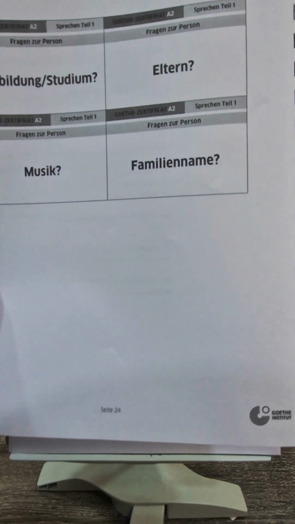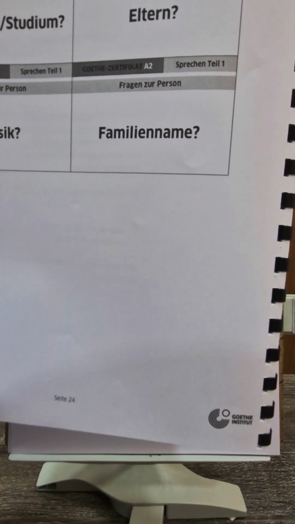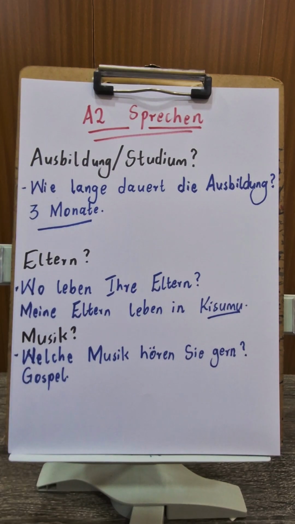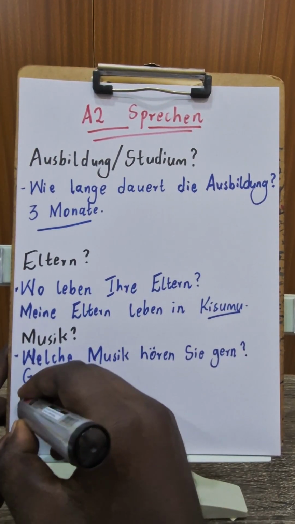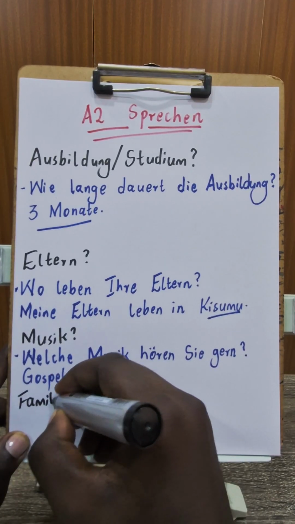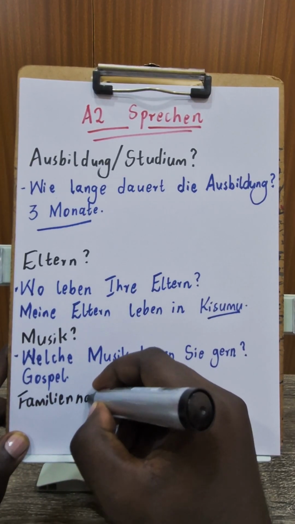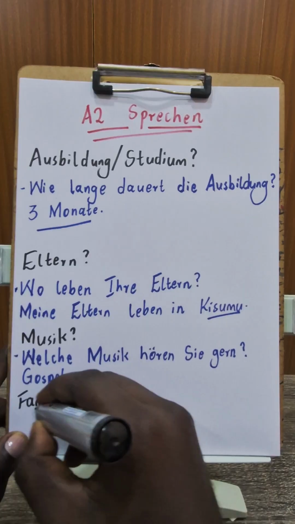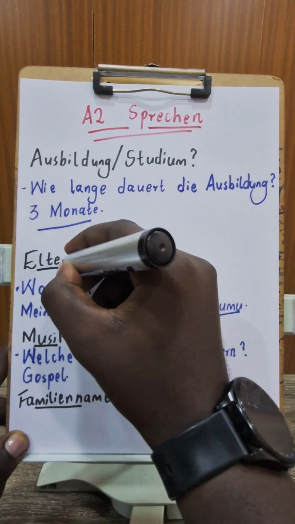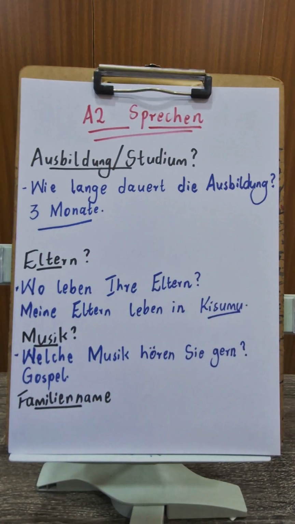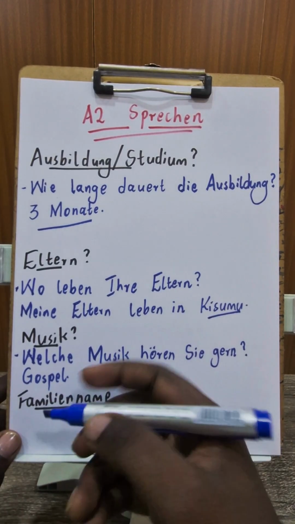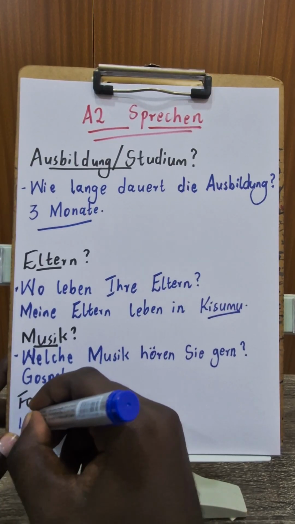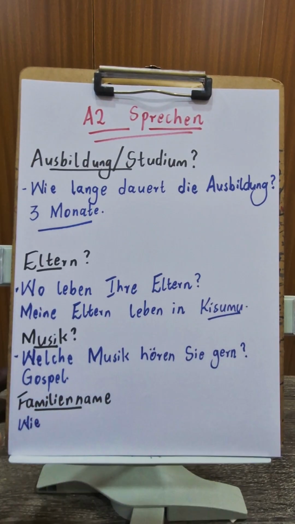Now the last one I've been given here is Familienname, the family name. When asking somebody about their family name, we ask using wie, so don't ask with was.